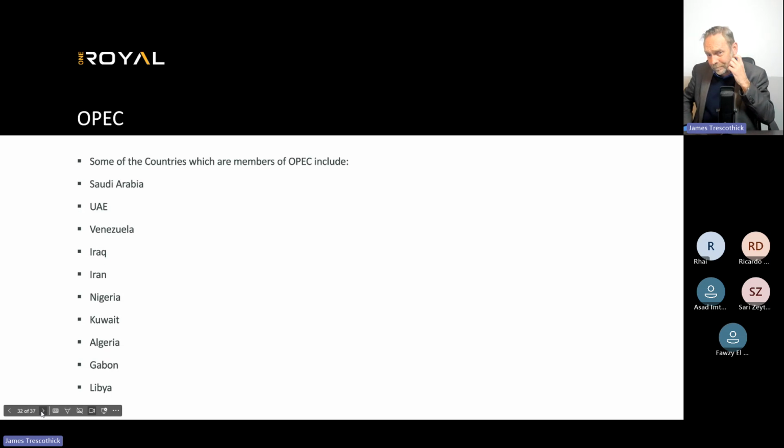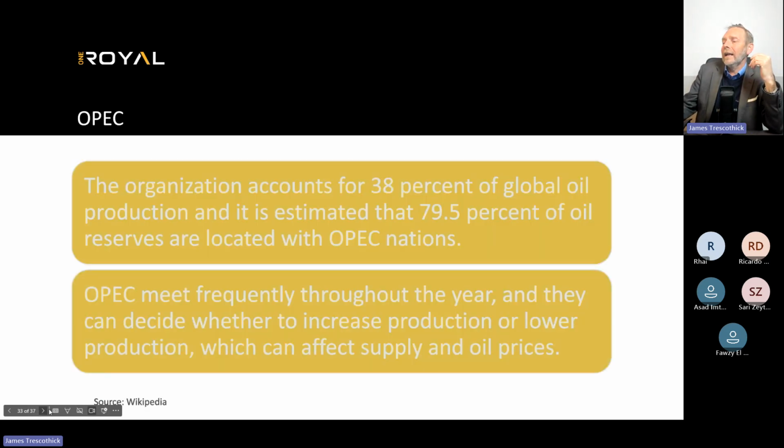Countries in OPEC include the likes of Saudi Arabia, UAE, Venezuela, Iraq, Iran, Nigeria, Kuwait, Algeria, Gabon, and Libya. That's just a couple. There's a few more as well. You've also got OPEC Plus, which is a few additional members who are not officially part of OPEC. Now, like I say, this is why they've got so much influence.